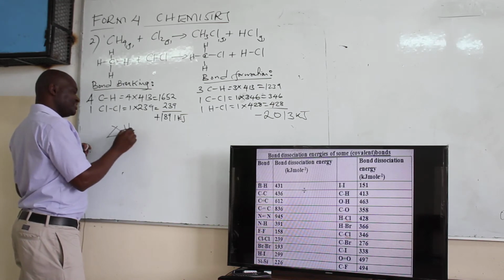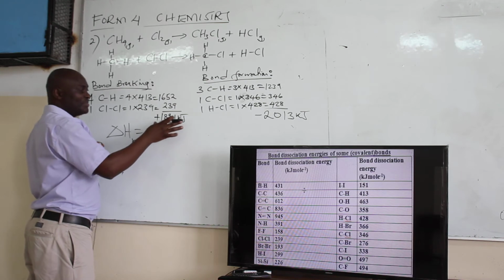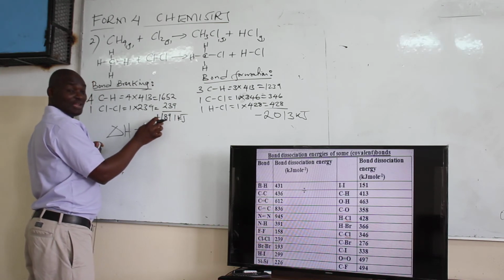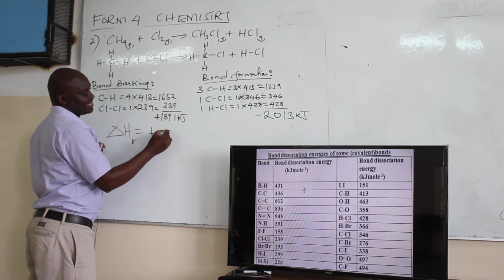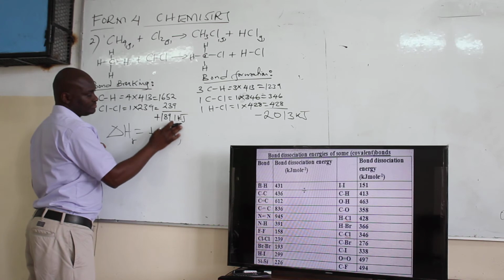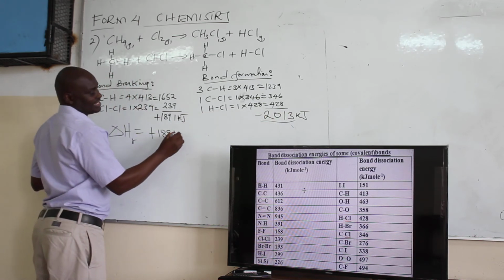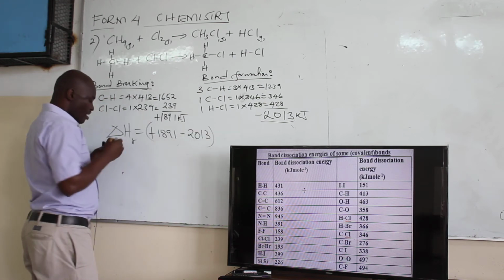So the heat of reaction here will be simply: take the enthalpy involving bond breaking, 1891, bring it down here. Then bring this one here the way it is, negative 2013.